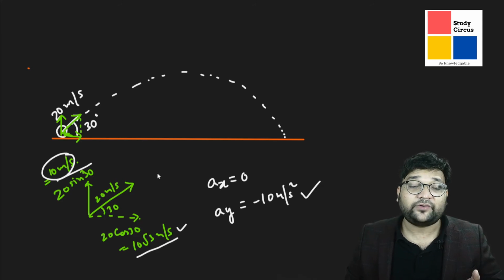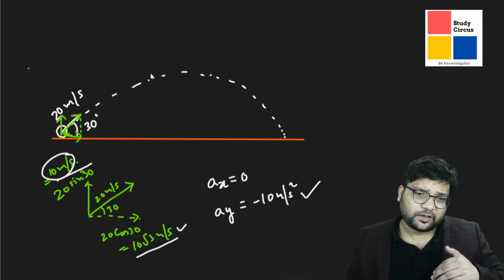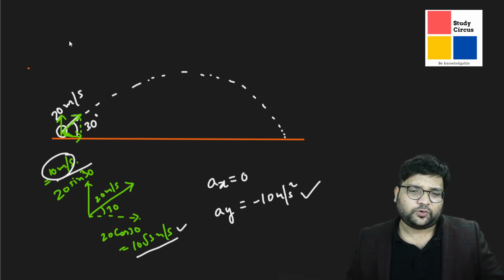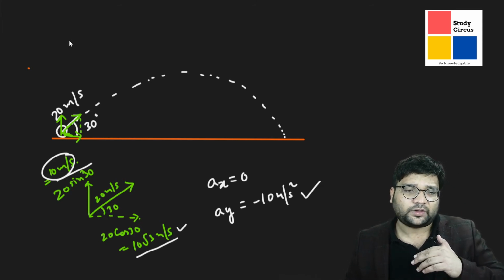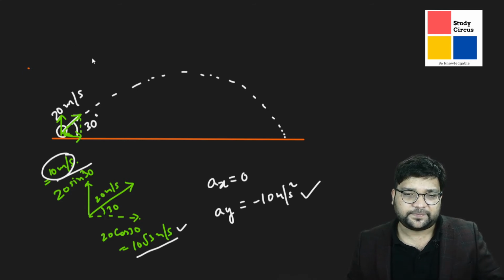Okay, and we already know the equations, right? So we can use the three equations of motion that we know, we can easily use that. The only thing that is common between x and y is the time. Okay, time.